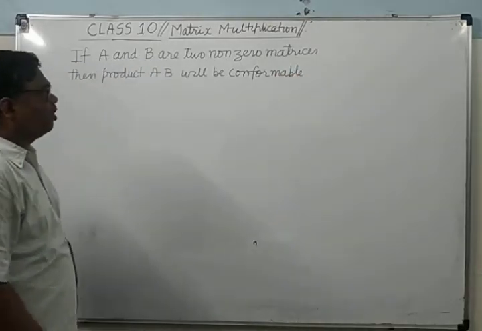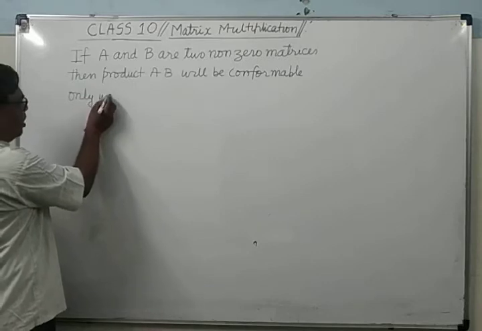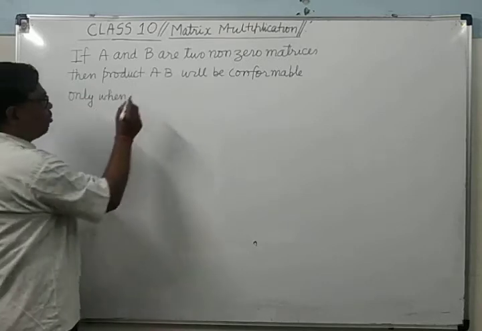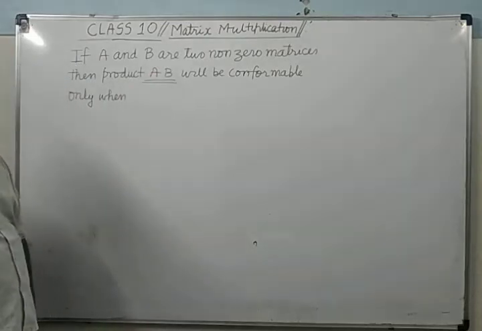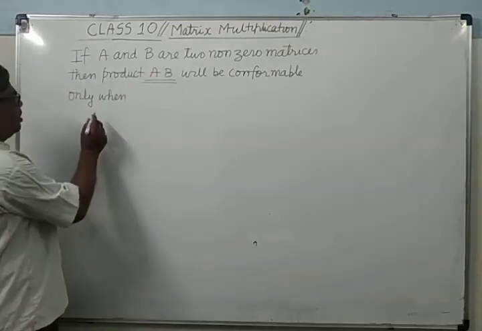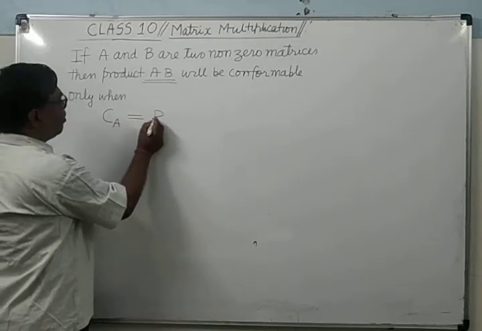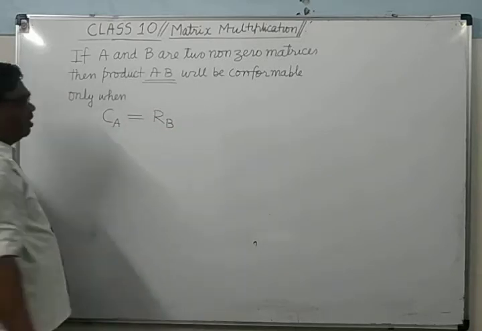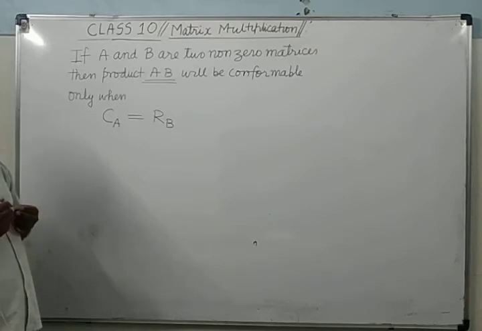It will be conformable only when, here we are talking about the product AB, the first matrix is A, the second matrix is B, the number of columns of A equals the number of rows in B. Columns of A are equal to the rows in B. If this condition is fulfilled, then only the product will be possible.